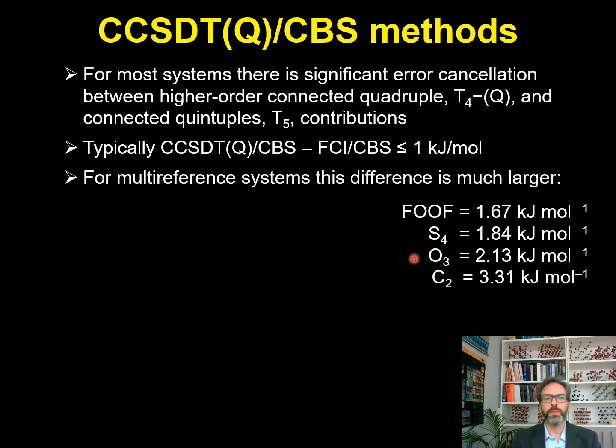For example, for ozone, a very famous multi-reference molecule, neglecting these high-level terms will result in an error of about 2 kilojoules per mole, and for C2, it will result in an error of about 3 kilojoules per mole. So the CCSDT(Q) composite ab initio methods can no longer achieve accuracy within 1 kilojoule per mole for total atomization energies of highly multi-reference systems.